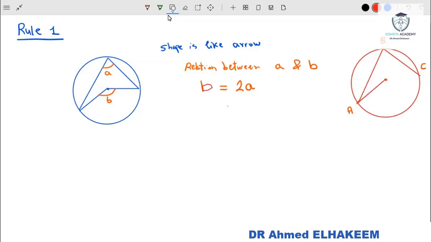First thing I have what? I have an arrow shape. So when I have an arrow shape, I remember rule 1.